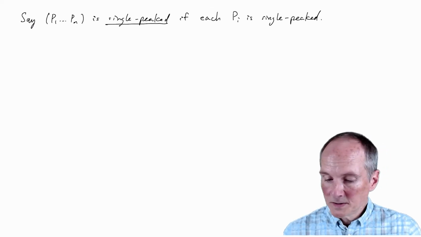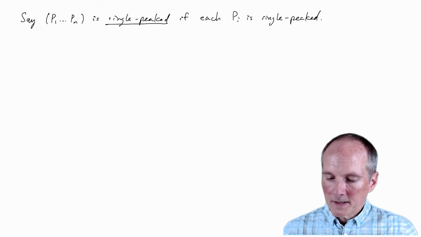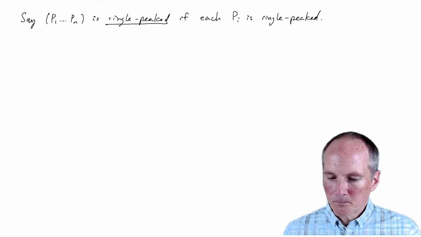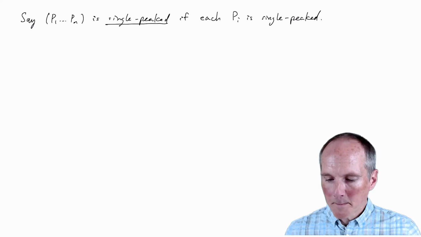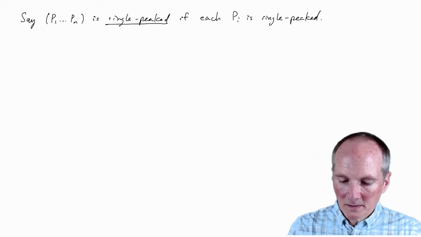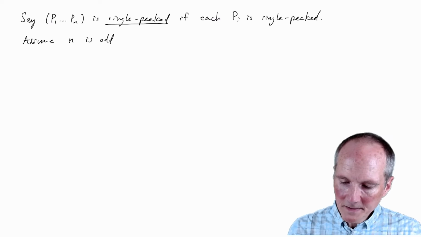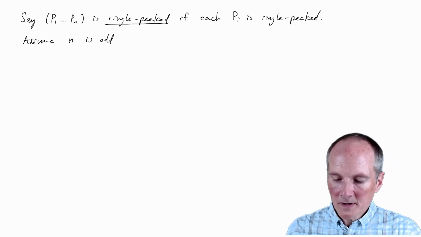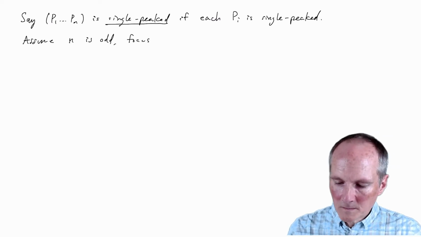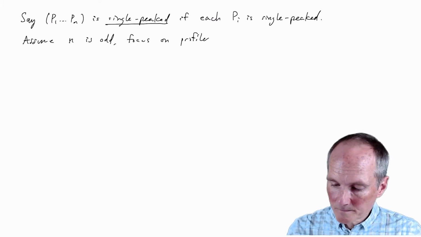Again, just to make things simple, and maybe I can say a little bit about what happens in the more general case, let's assume that n is odd, and we'll focus on profiles with distinct ideal points.